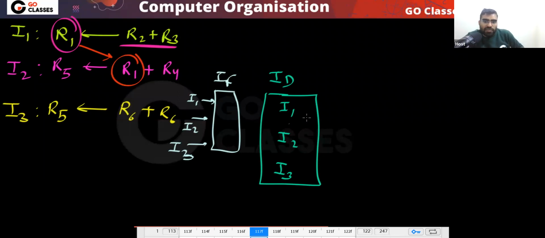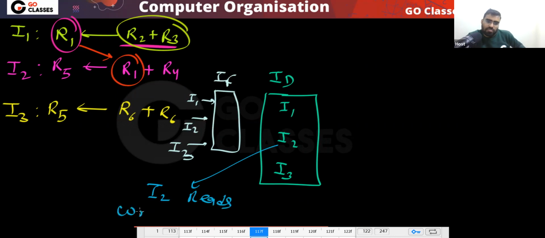I1 will calculate this value in the execution stage, correct? So you are reading the wrong value, right? This I2 reads the wrong value of R1. Is this clear?